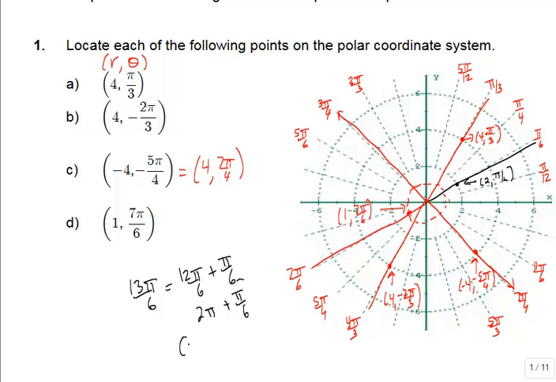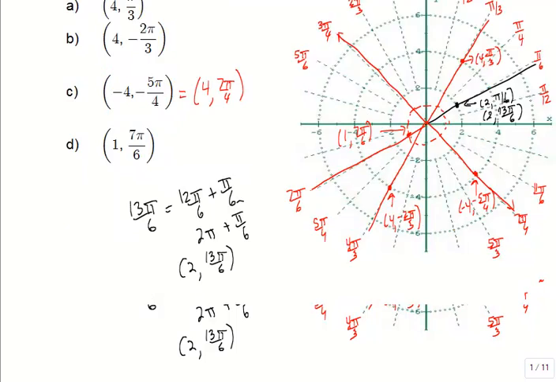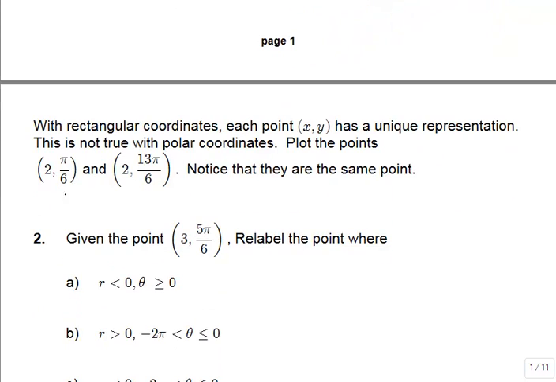So if I'm trying to plot (2, 13π/6), it's going to leave me at this same equivalent angle of positive π/6, and going at a distance of 2 leaves me right here as well. So this black dot is the same for both points. So you can have two different polar coordinates that turn out to be the same point on the graph.